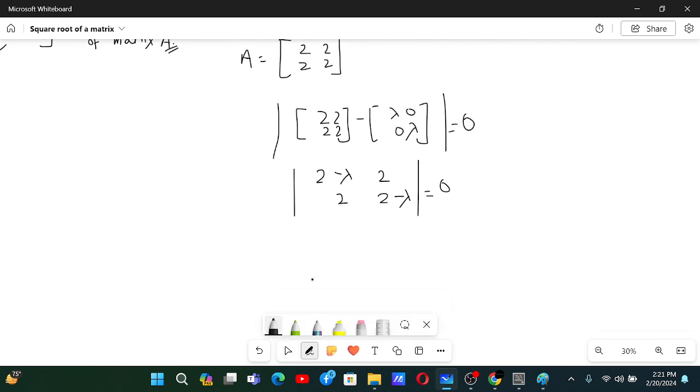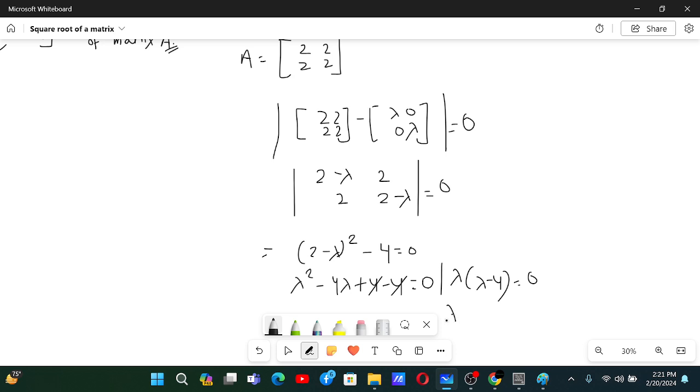If we take the determinant, we have (2 minus lambda) whole square minus 4 equals 0. That means lambda square minus 4 lambda plus 4 minus 4 equals 0. The 4 cancels out, so lambda times (lambda minus 4) equals 0. So lambda equals 0 or 4.